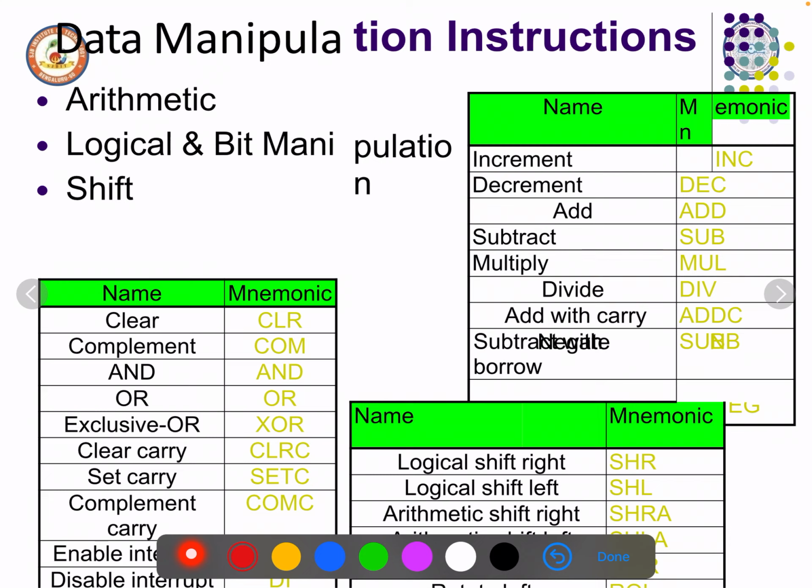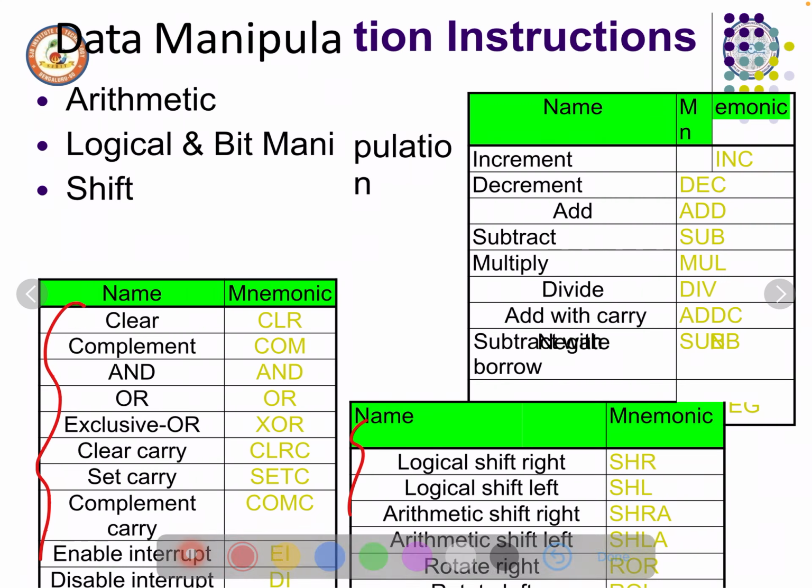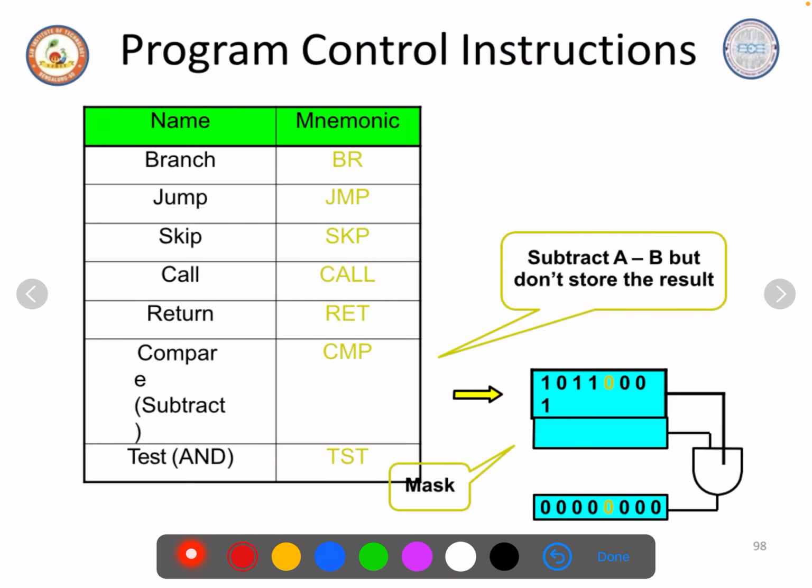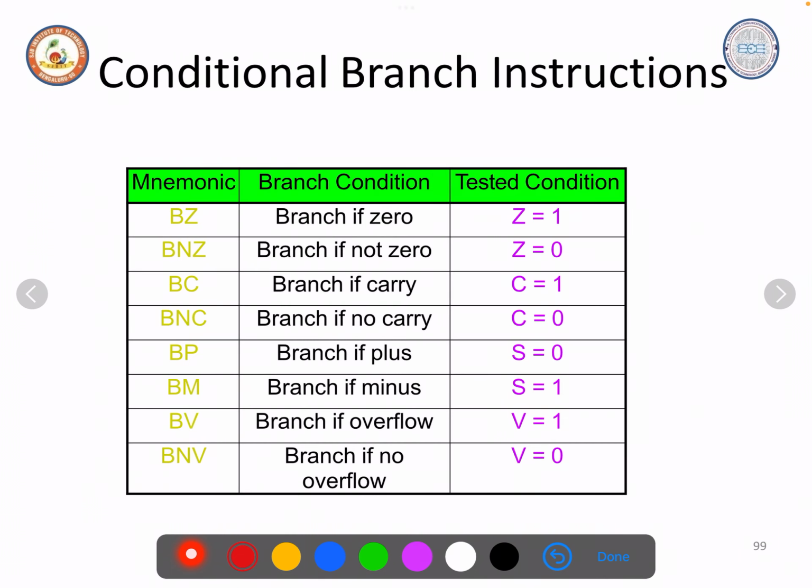These are arithmetic and logical operations. So you have logic, the set of logical operations that it can support, then the arithmetic operations that it can support. And these are control instructions, program control instructions like branch, skip, call, return, compare and subtract instructions. These are conditional branch instructions, indicating branch if zero, non-zero.